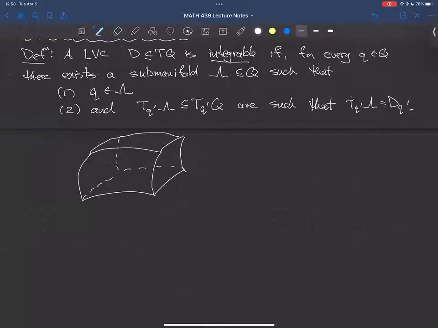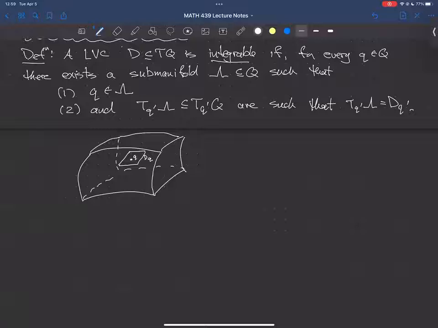All right, now let me take a point Q in Q. So Q, the point I've drawn is inside that blob somewhere. Okay, and at Q, there's going to be some subspace, which is, so this is Q, and this is DQ. Okay, and so the idea is that Q is three-dimensional in this picture.